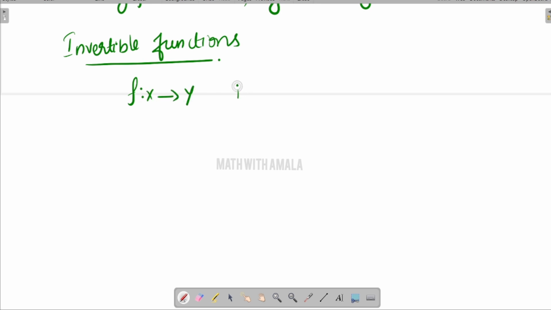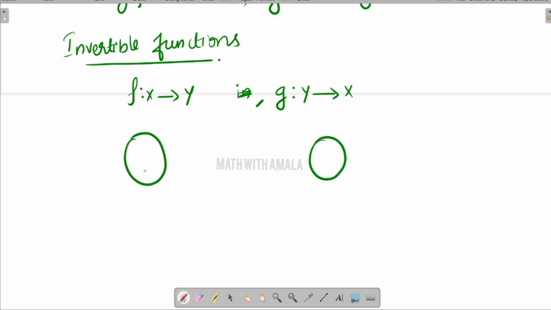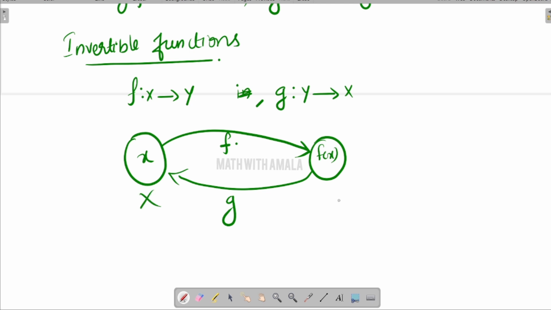Let's take f from X to Y and g from Y to X. Here you are familiar with the inverse, taking the inverse from Y to X. Then you have f from the domain X towards the codomain Y and g from the codomain Y to the domain X. So if we take f of x, it will be in Y and its inverse can be taken towards the capital X.